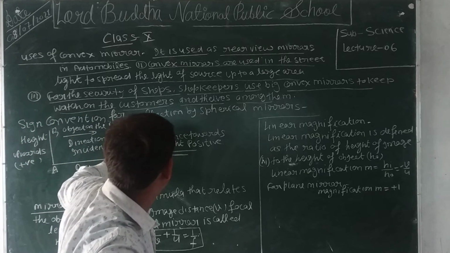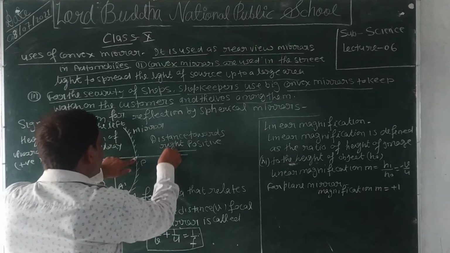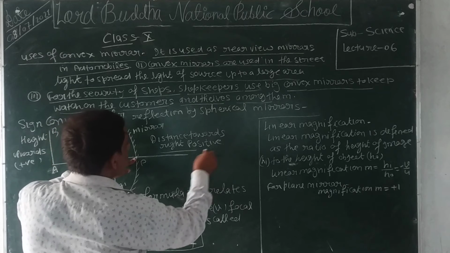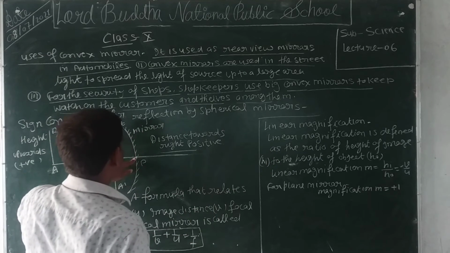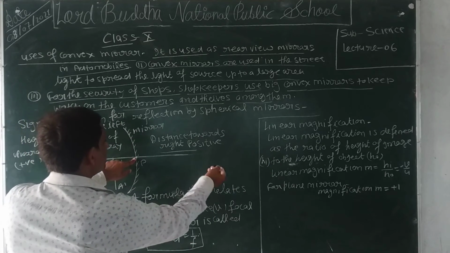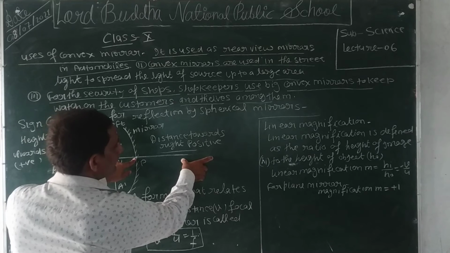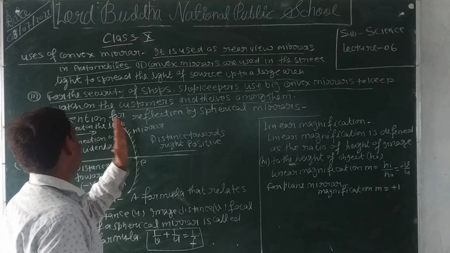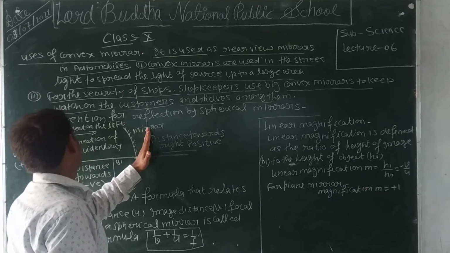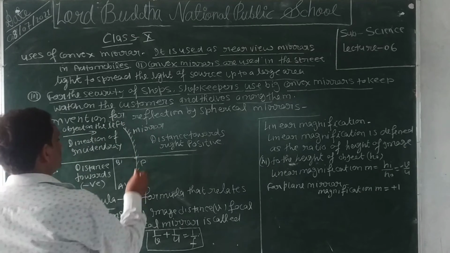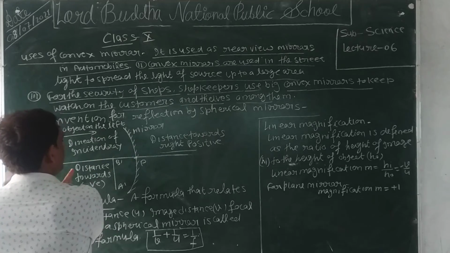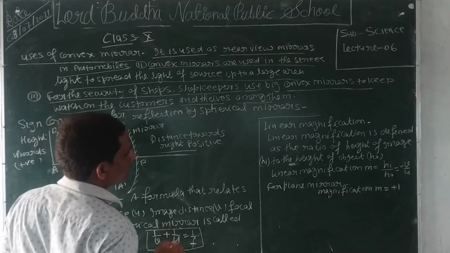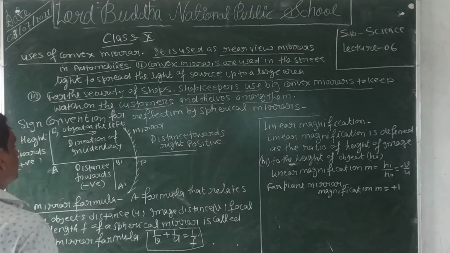If the image is formed here at any point, then the distance of the image will be positive, and if the image is formed in front of the mirror, meaning left to the pole, then it will be taken as negative.